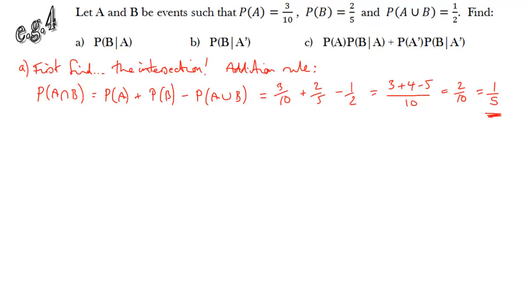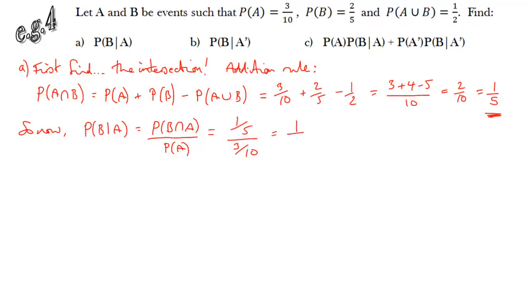That's the intersection. Why do we need that? It's so that we can use the multiplication rule for B given A, because that's equal to the intersection of B and A divided by the probability of A. So we use the probability of the intersection we've just worked out, which is 1/5, divided by the probability of A, which we already know, 3/10.